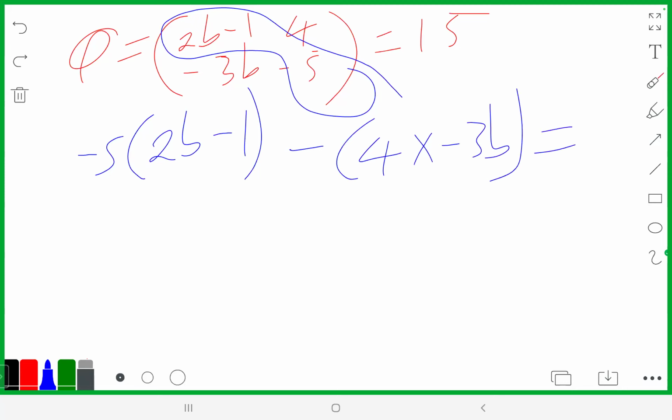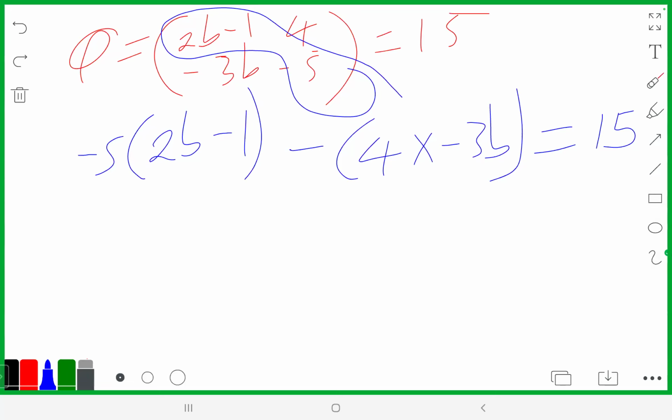Everything should be equal to the determinant, which we are already given. It is 15. That's what they have said. So far, do you have any question? No. It's clear here. I'm following. Okay, there is no question.